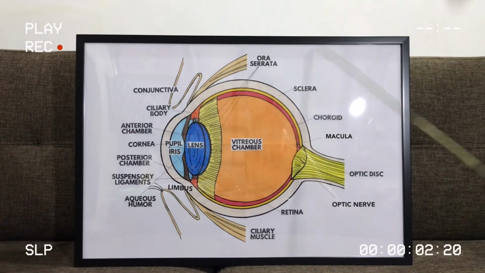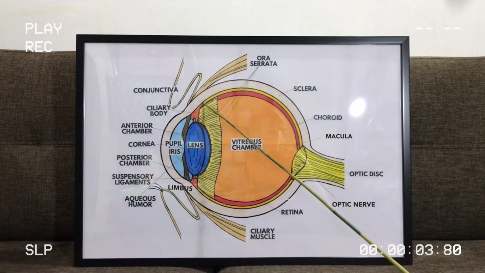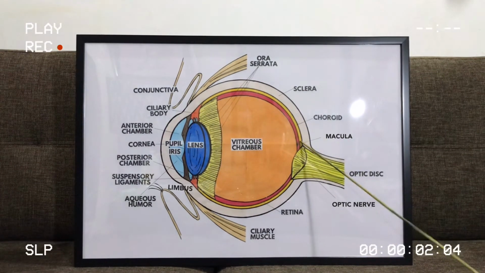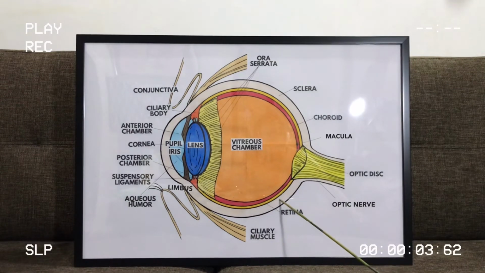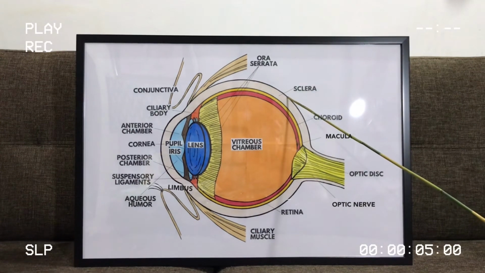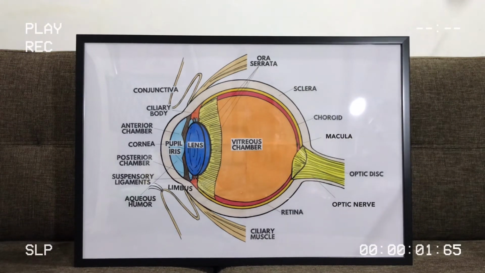Now we'll move on to the choroid, or this yellowish layer. The choroid is a tissue layer that lies between the retina and the sclera. The choroid has a rich supply of blood vessels that nourishes the retina.